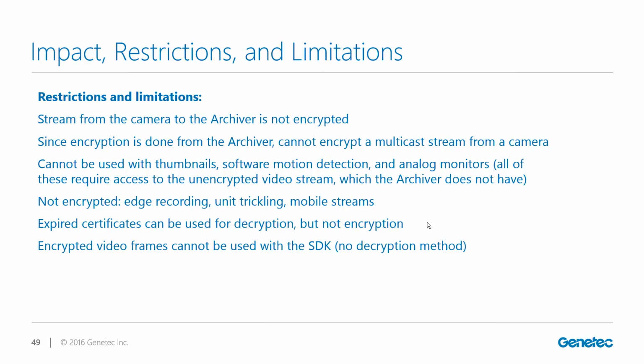So if you have an expired certificate, that can still be used for decryption. So your previously recorded video, if you have the certificate, you can still decrypt it and you can still see it. That won't be a problem. You just can't use it for encryption, so you would have to put a new certificate in place for that.